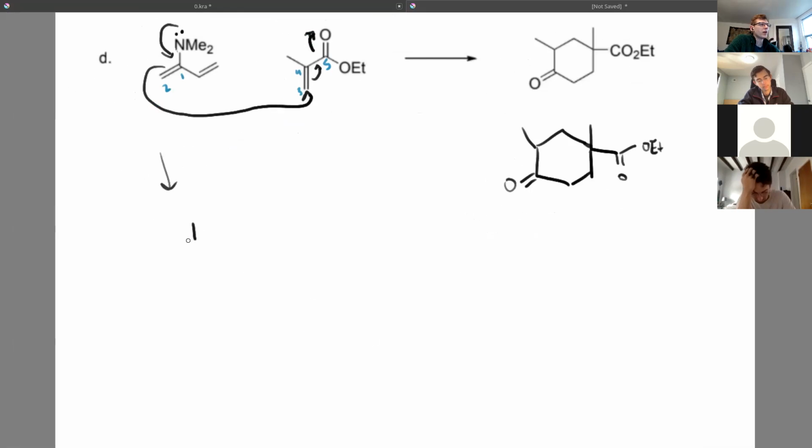So let's say we got, drawing this is going to be terrible. Let me draw this guy first. Here's this double bond. OEt. And then we had carbon 2 and carbon 1, which now has a methyl.